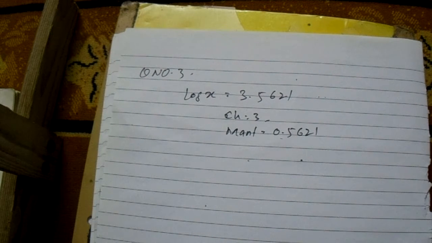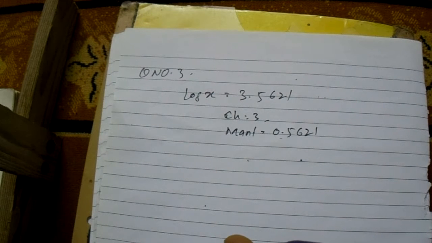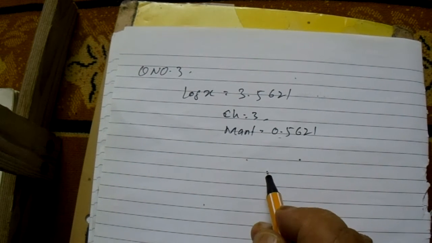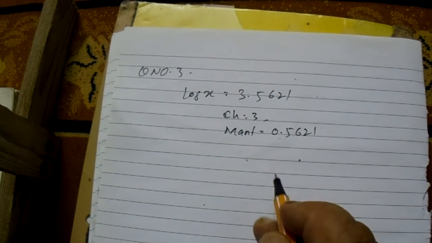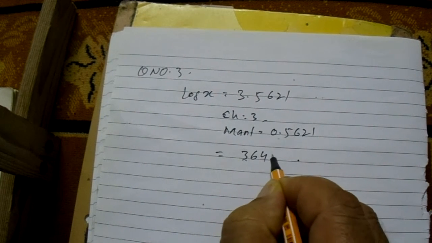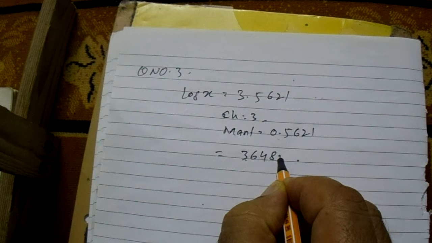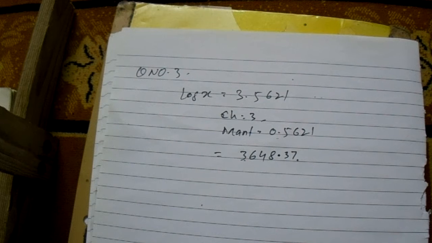Press shift log and 5621 is equal to, you write here this number is equal to 3648.37, using the calculator.